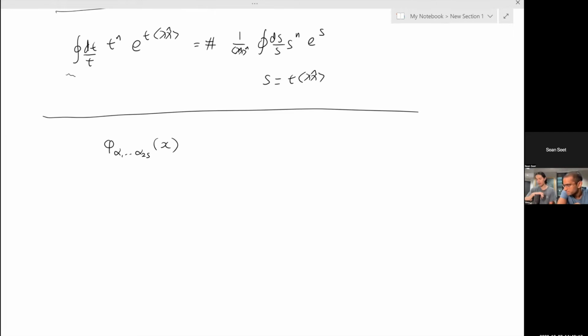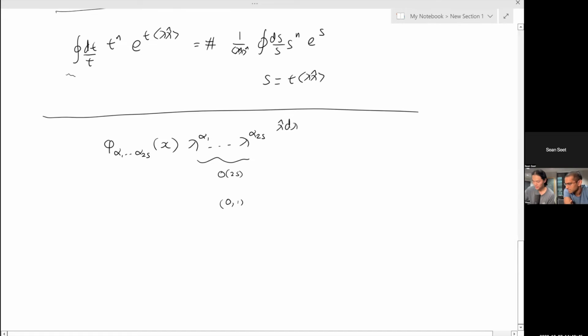And then what I'm going to do to make it an H01 that has no free indices and has certain weights is to attach a ton of lambdas to it. Lambda alpha 2s, and now this has weight 2s in lambda so far, and then we want it to be a form, a (0,1)-form in particular. So let's just put on a lambda hat d lambda hat.